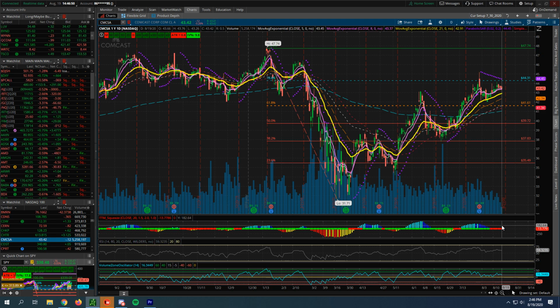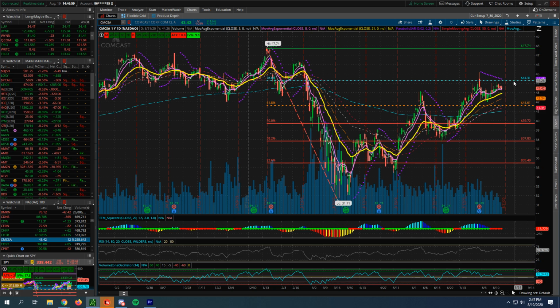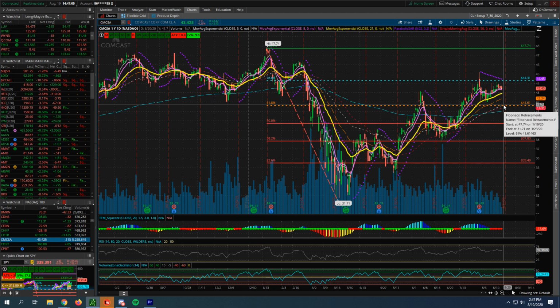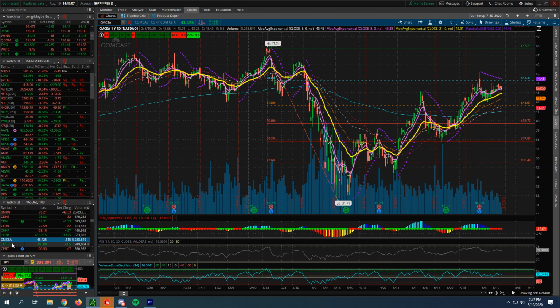We do have a squeeze in place, and RSI is fairly strong and volume zone as well, but again, we need to see some more volume come in here to see this potentially break above that $44 price target. That being said, if the 5 and 8 moving averages start crossing through the 21, we could be seeing that $41 price target or even lower.